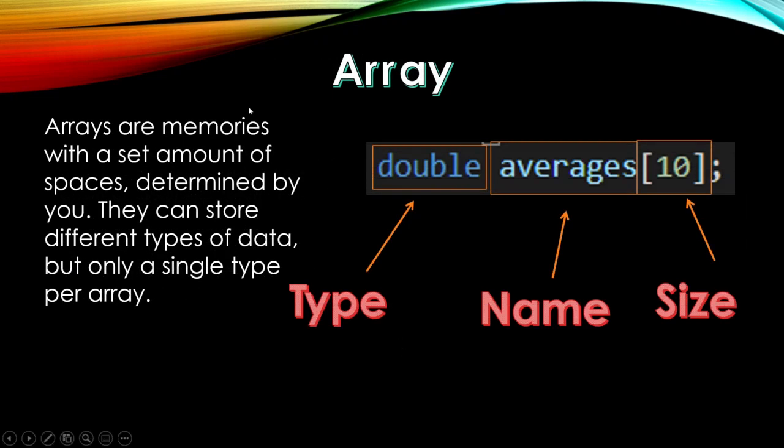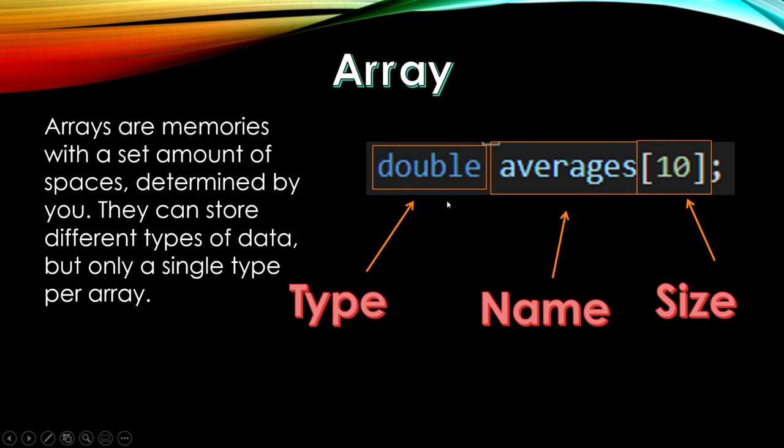Next topic is arrays. Arrays are a set of memories with a set amount of spaces determined by you. They can store different types of data, but only a single type per array. So this is how you initialize an array. It's basically a group of slots where you can store data into each slot.